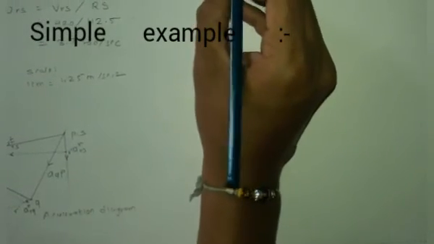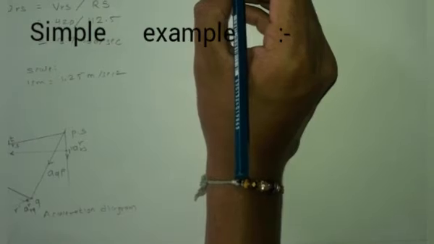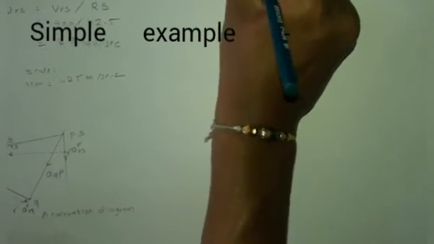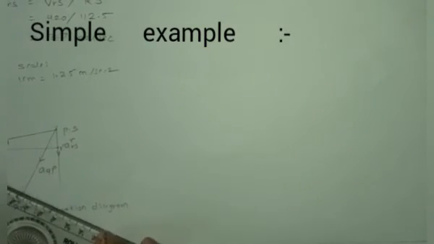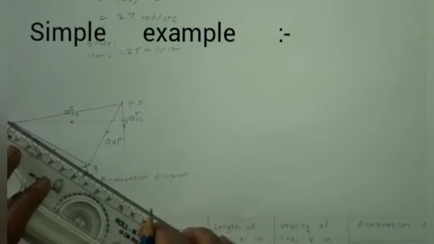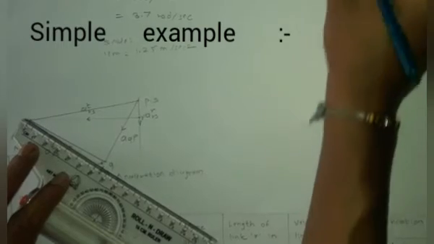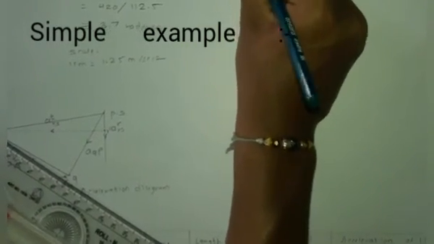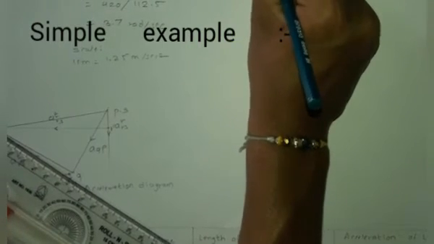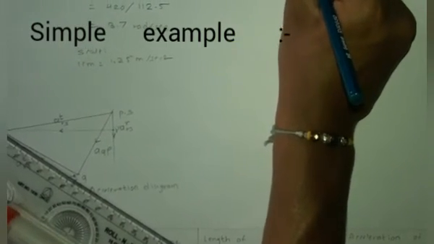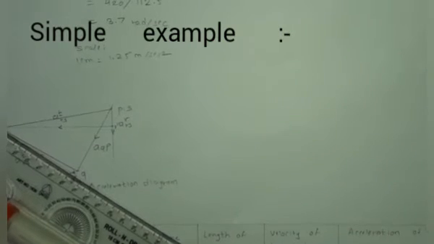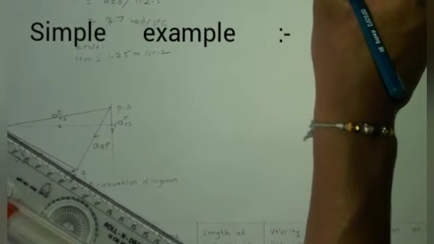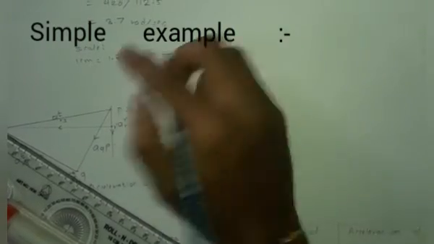Let's find out angular acceleration of RQ. First of all, length R dash R is 6 centimeter. So tangential acceleration for RQ is 6 cm into 1.25, which is our scale.